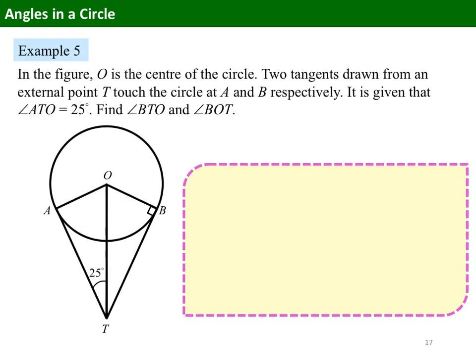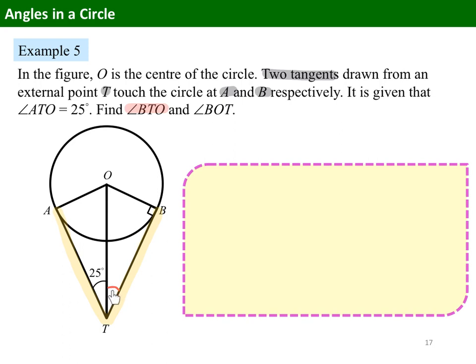Example 5. Keywords. There are two tangents. T touches at A and B. And we have to find angle BTO first. We mark the tangents using yellow, and these are tangents. Tangents from external point. We have two congruent triangles here.